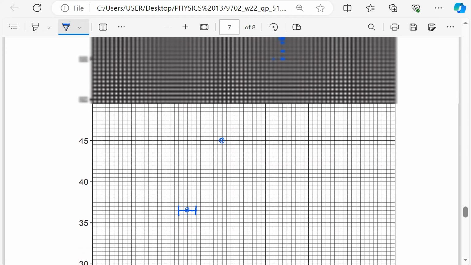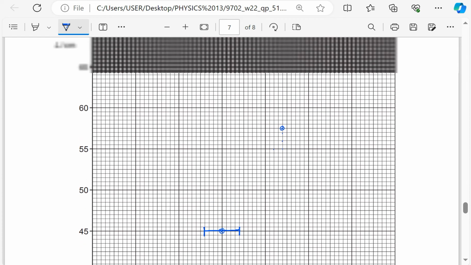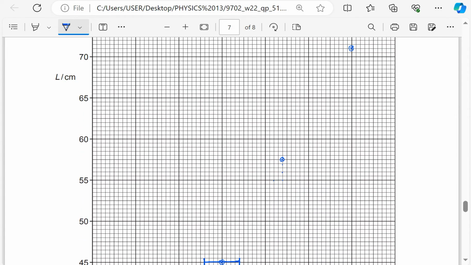Then the next one from the bottom was 2. So 2, those are going to be 4 small squares. So I'll count 1, 2, 3, 4. Then the next one was also 2. The rest were 2, 2. So those are 4 small squares.